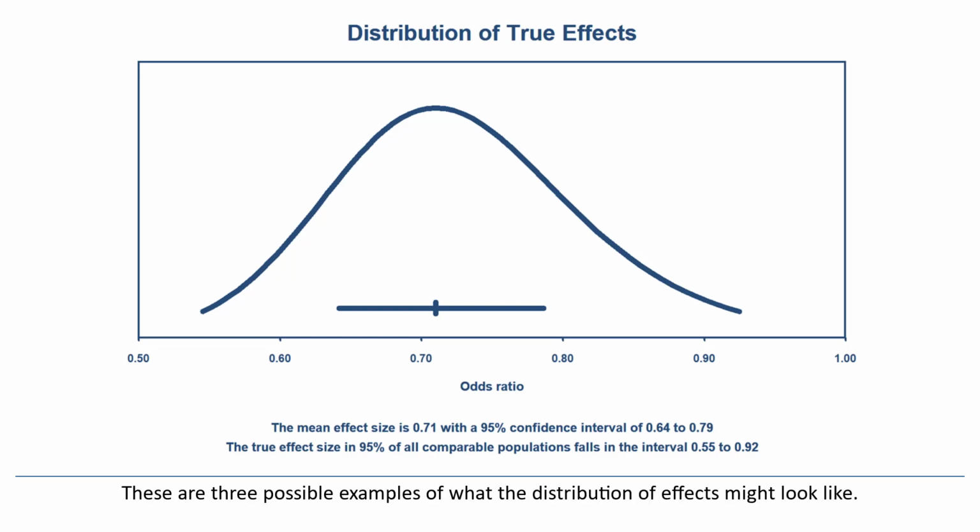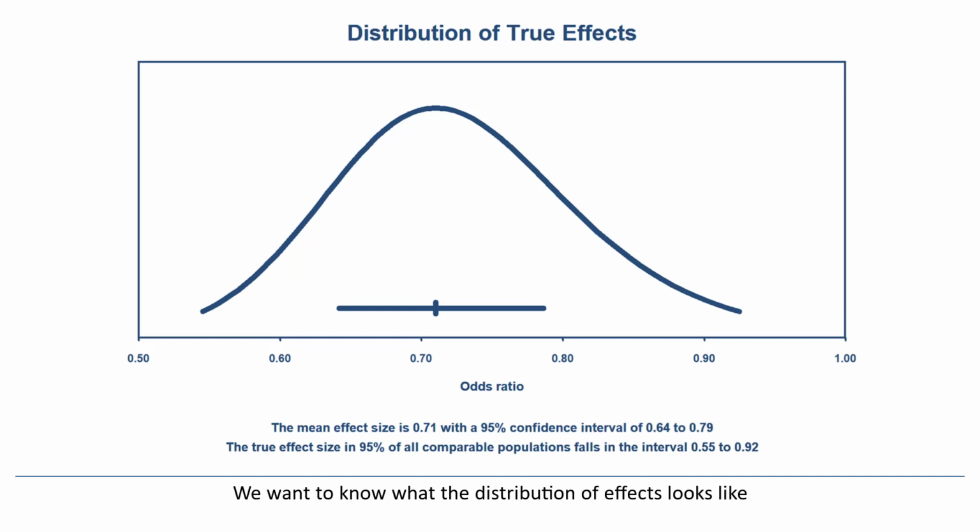These are 3 possible examples of what the distribution of effects might look like. Of course, there are an infinite number of other possible distributions. I've picked these 3 to illustrate my point, which is simply that when we ask about heterogeneity, this is what we have in mind.